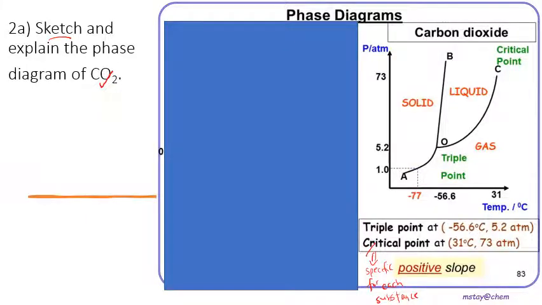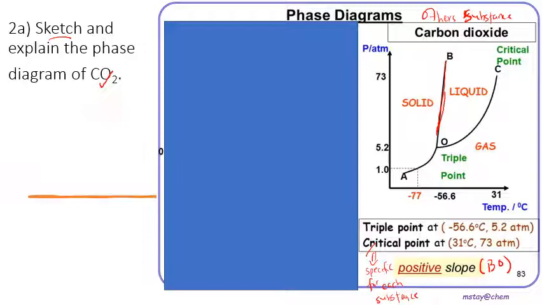The shape of the phase diagram for carbon dioxide and other substances are similar because we will notice that the BO line, which is over here, is always a positive slope.